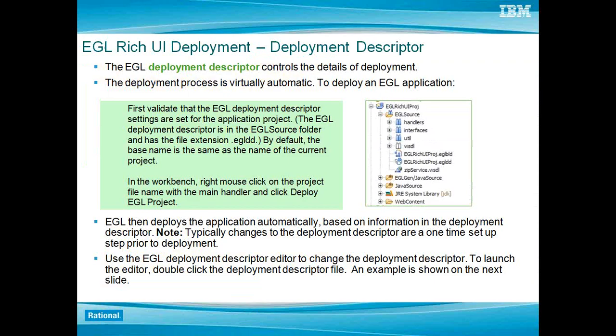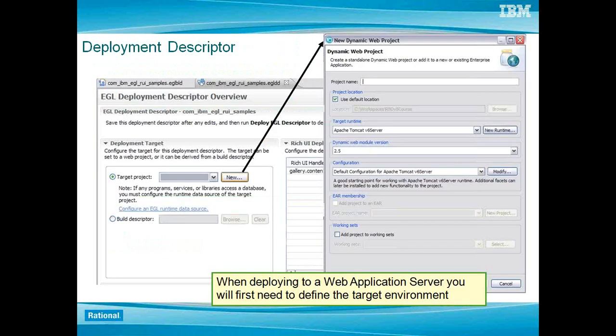Okay, here we have the high-level architecture, or the folder structure that we normally have inside of our Rich UI projects. Now we are going to see the deployment descriptor, where we have the options through which we can configure the deployment options. Here first we are starting with the target project.